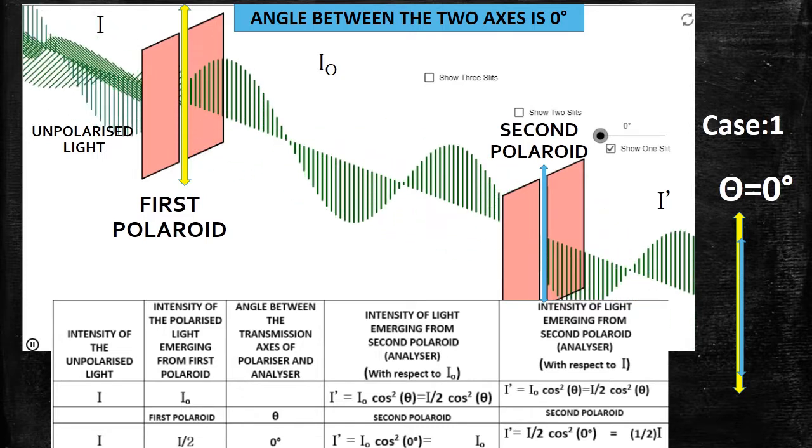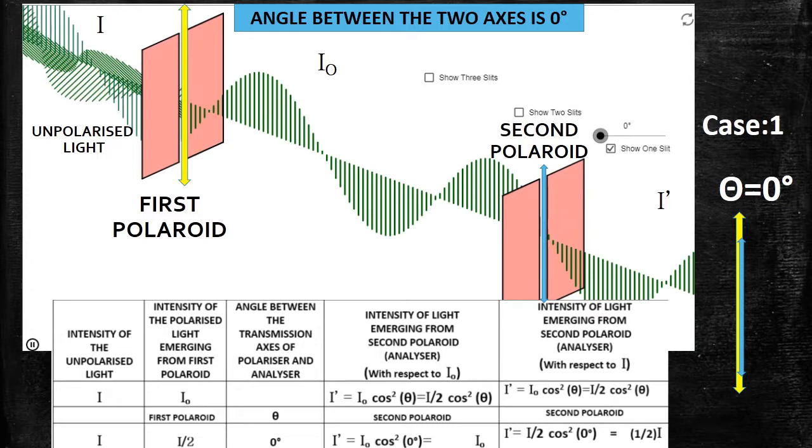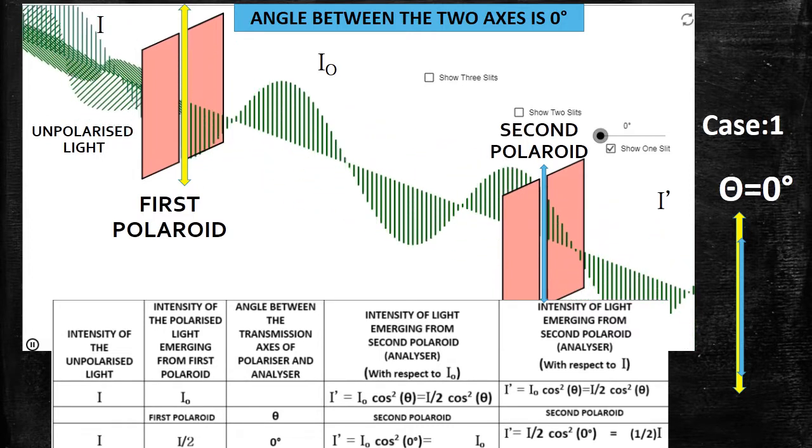Here theta is nothing but the angle between the two transmission axes. Here theta value is 0. I0 is replaced by I by 2. Therefore I dash is equal to I by 2 cos square 0. Cos square 0 value is 1. Therefore I dash becomes I by 2. So that is the intensity of the light which emerges out from the second polaroid.